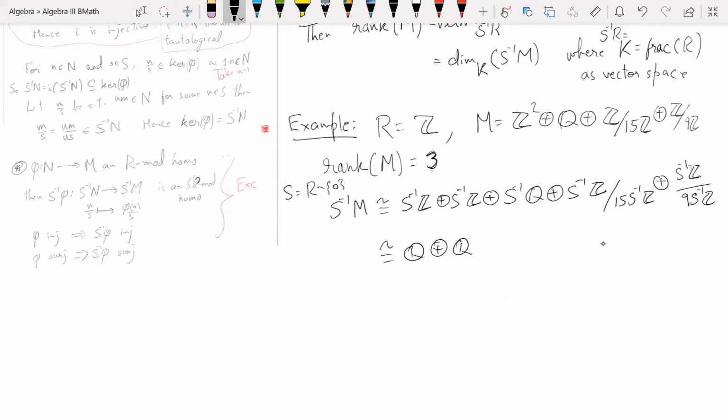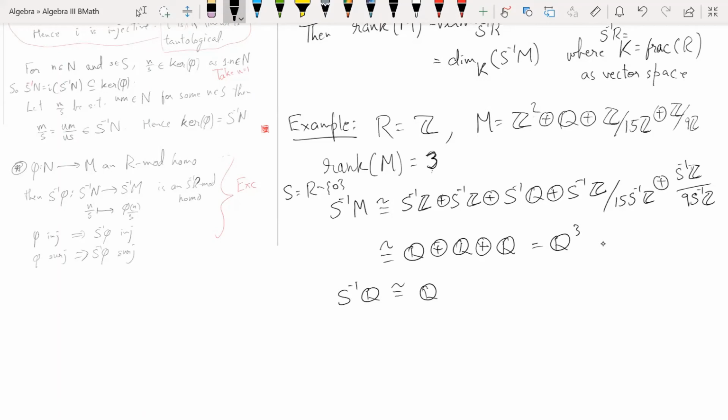What is S inverse Q? Q is already, I mean, you have already inverted everything in Z. So S inverse Q is again going to be Q. This is another fact which one has to prove. And these 2 terms are going to be 0 because 15 intersects S. 15 is non-zero, and so is 9. So this is just Q cubed. The only thing we are using here is that S inverse Q is isomorphic to Q as Q vector spaces.